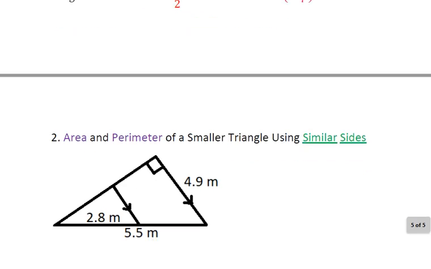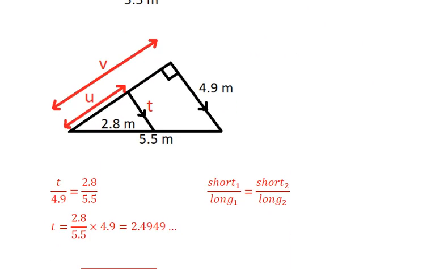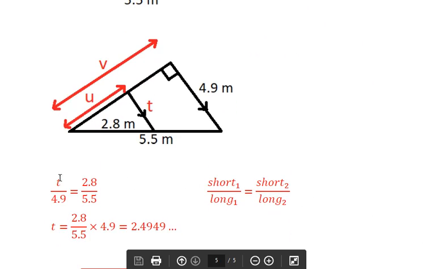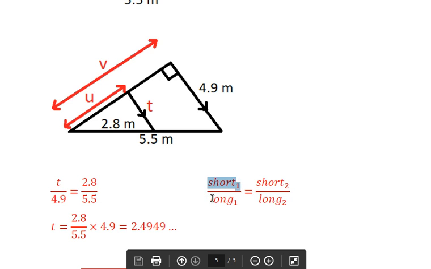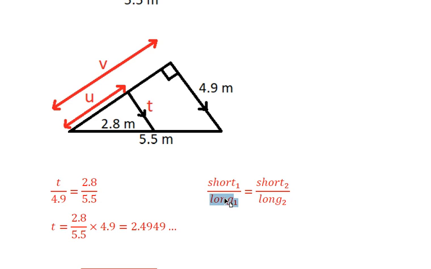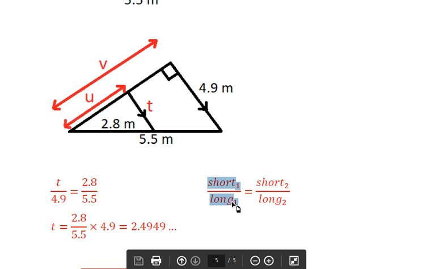So what we've done here, the formula still works, and it's better to do that because we're trying to figure out T, which is our short side, and for algebraic reasons to make it easier, we should start with our unknown letter, and that is our short side over the long side that matches that, the matching long side that goes with our short side, that's 4.9.